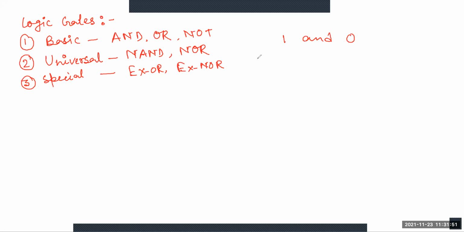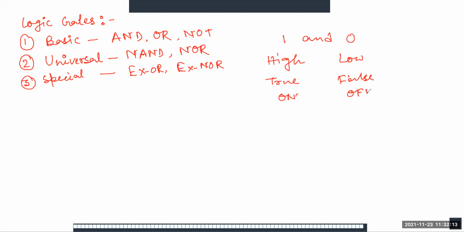So when it is 1, you can say high, or true, or on state, and here it is also low, false, and off.